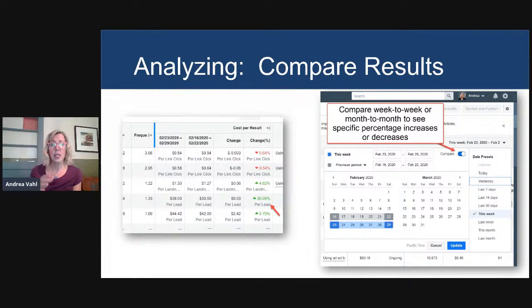So now you're really seeing this specific percentage increase. So it's a little bit more tangible. I like this one because I can really kind of then say, wow, we got a 30% increase in lead cost. I've got to turn that particular ad set off, because it might not feel like a lot, but when you really put it into those numbers, it can be a lot more.